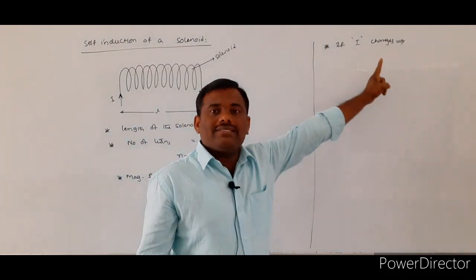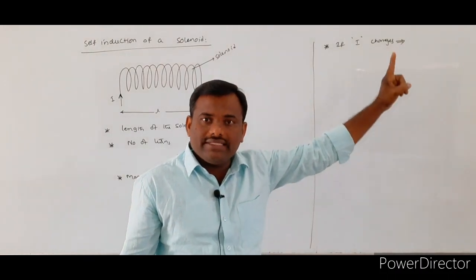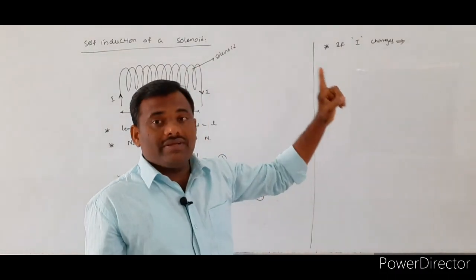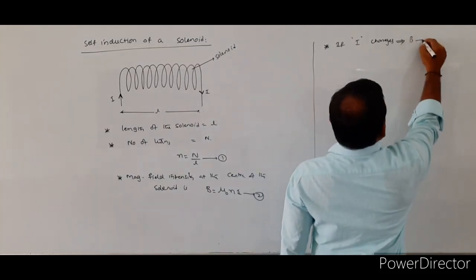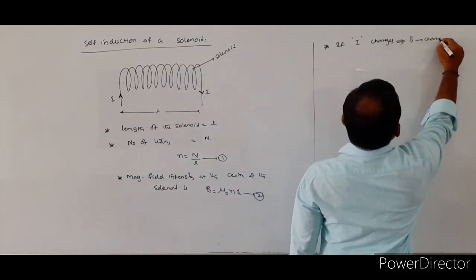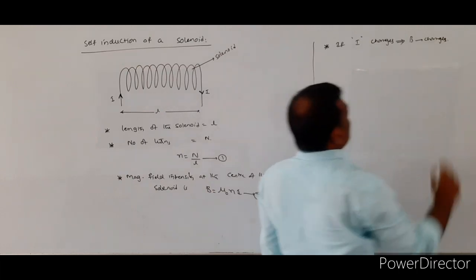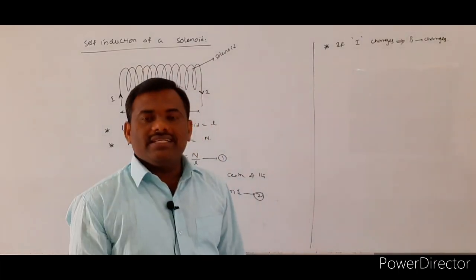If the current passing through the given solenoid changes, as a result, the magnetic field intensity inside the solenoid also changes.